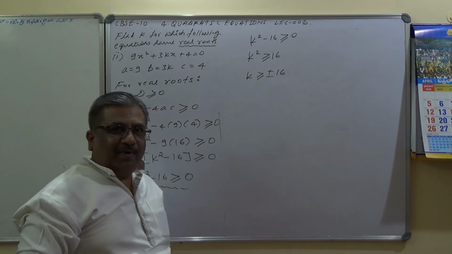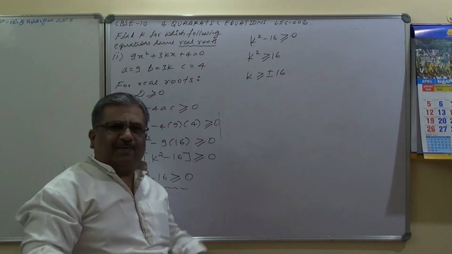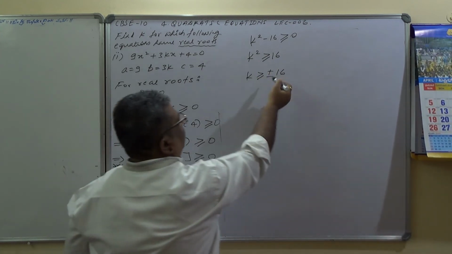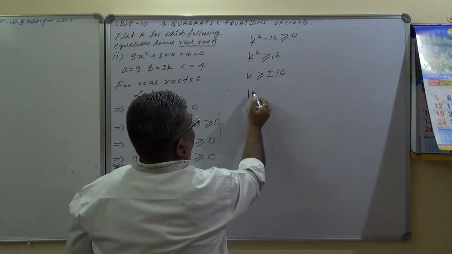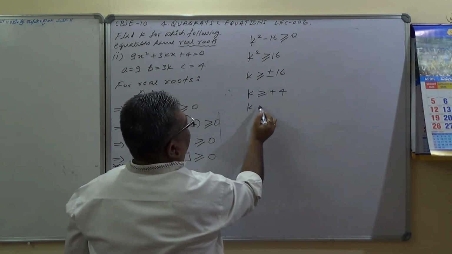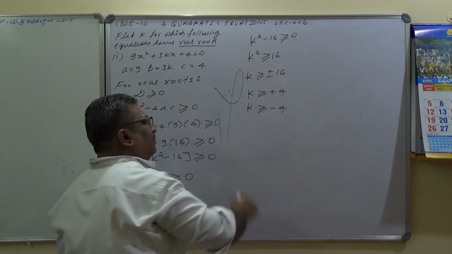Is it not the way we work? Because generally, how do you solve an equality? You transpose it. Inequalities, how do you solve? Similar to an equality. So you transpose, and therefore k is greater than or equal to plus 4 and k is greater than or equal to minus 4. Again wrong.